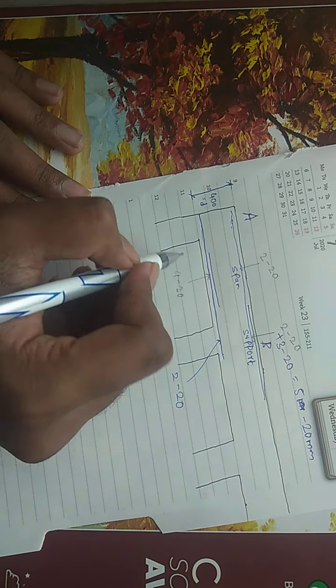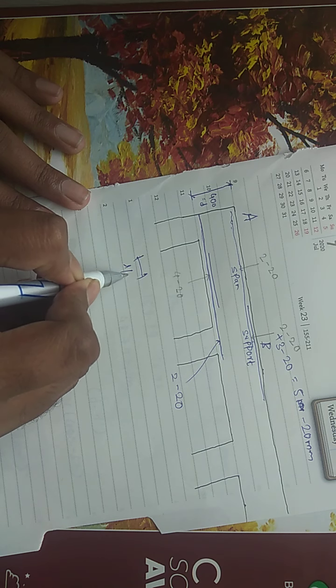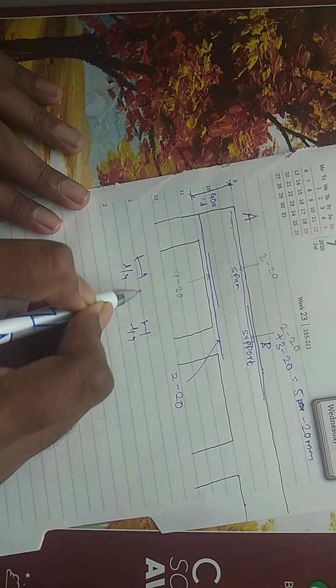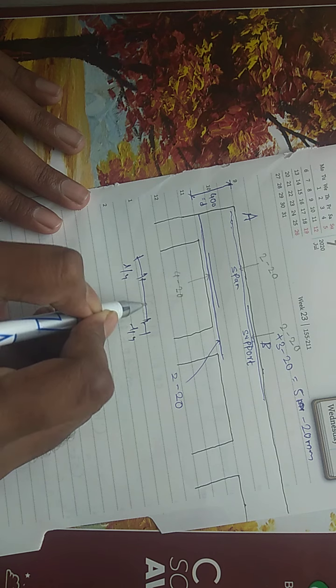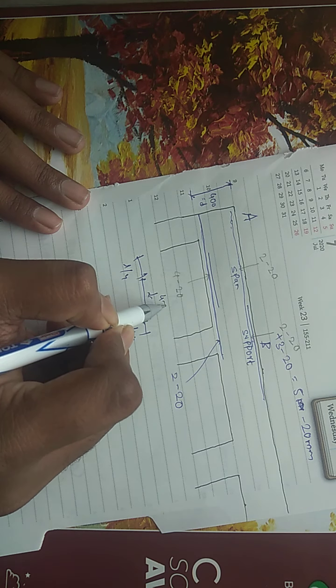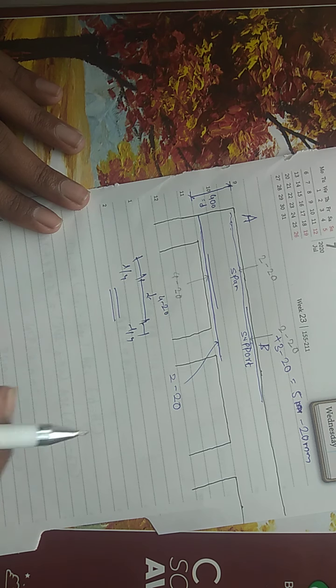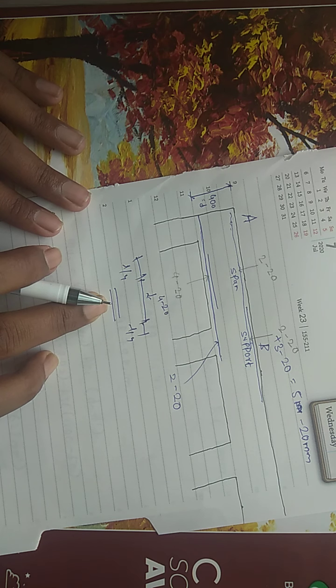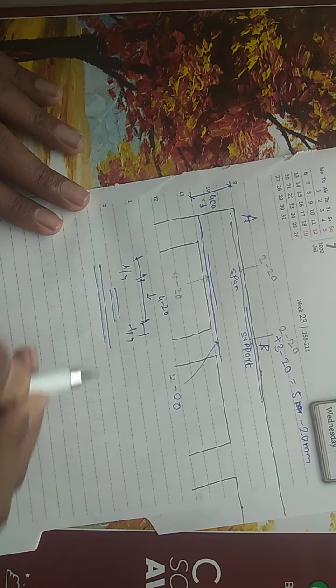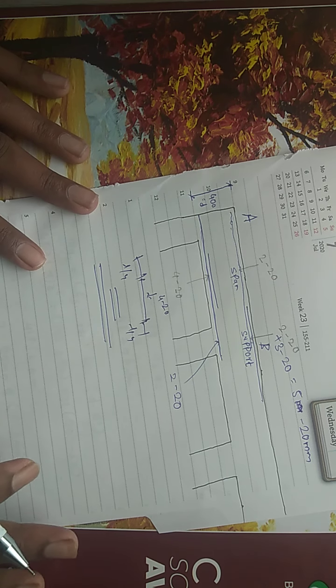That part depends upon you; you can leave L by 4 and L by 4 from both sides, and in between this span you can provide 4 bars of 20 mm, out of which 2 will act as a curtailment bar, and 2 bars will run through. Okay, I think you got the point.